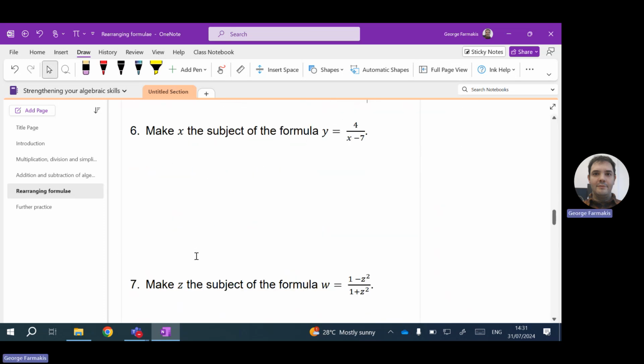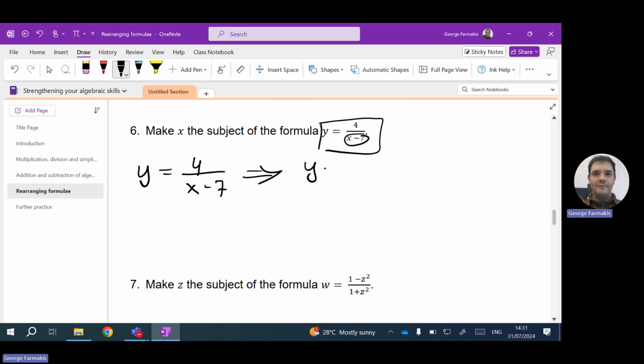Let's do example 6. Make x the subject of this formula. So x now is here in the denominator. Usually when you have this situation, you want to have x on top of the equation. So here we have y equals 4 over x minus 7. What we can do to have x on top is multiply by x minus 7.